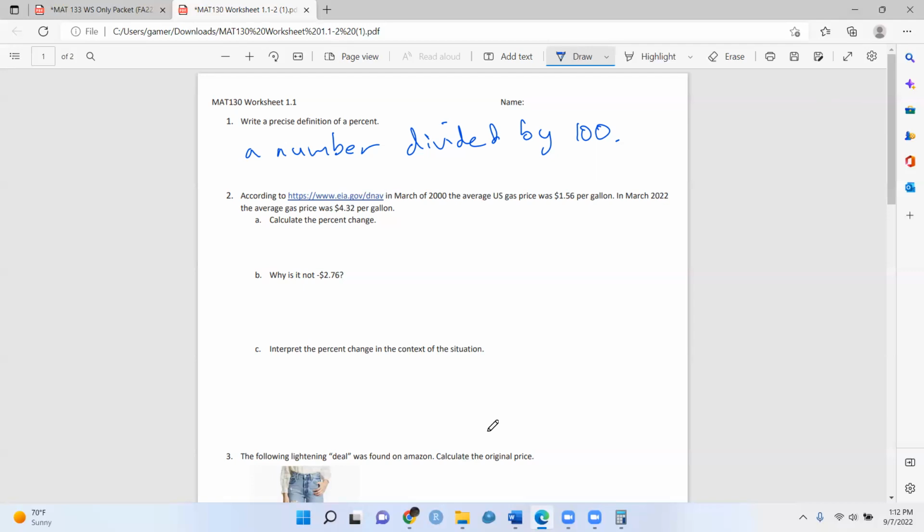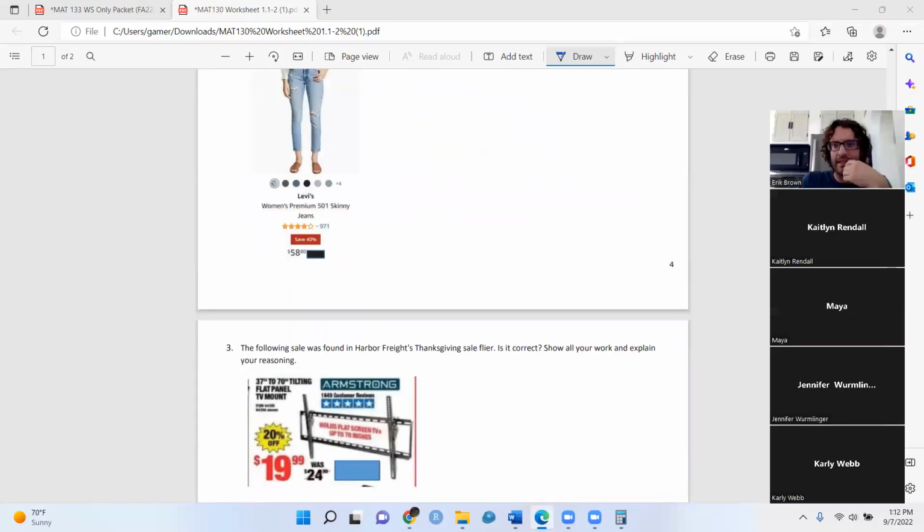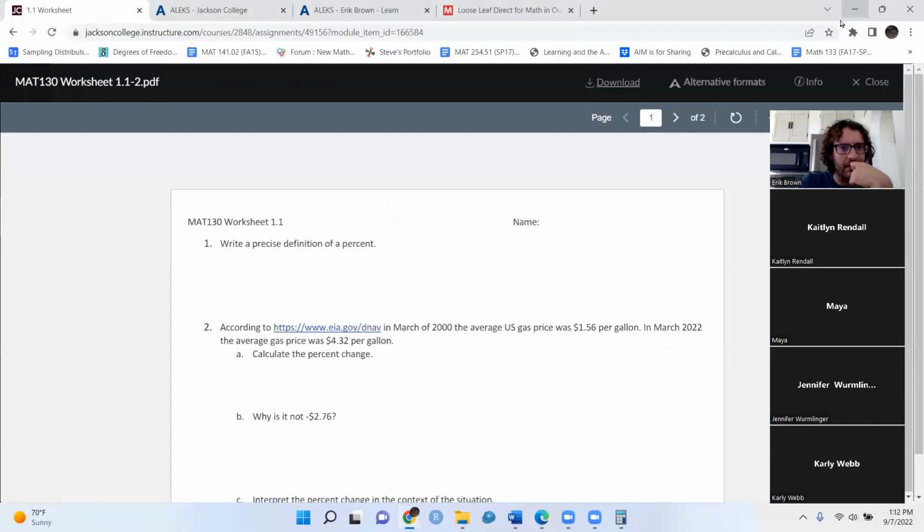Or the other two apps that I know of are Genius Scan and CamScanner. They're both free, with ads or a stamp on it, so you don't have to pay for those, but they will scan the page and save it as a PDF, and then you can email it and upload it. Does anyone need to see how to upload things?